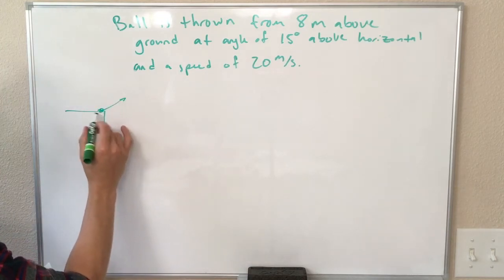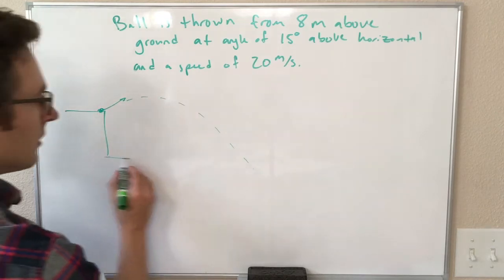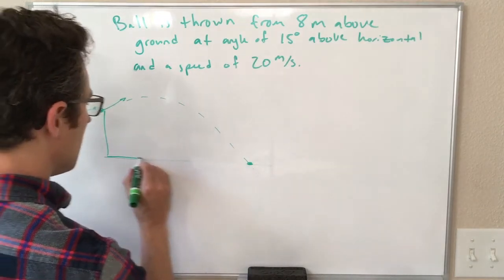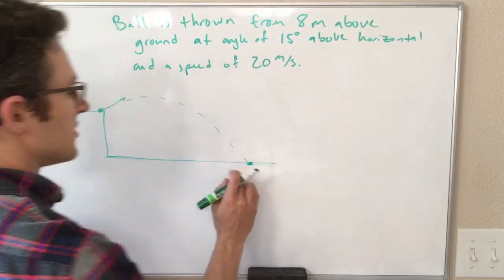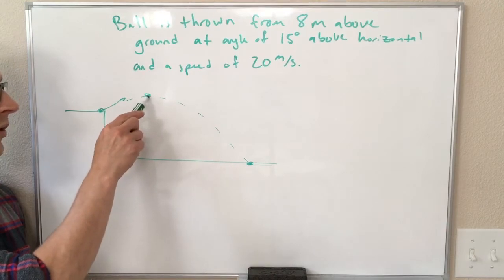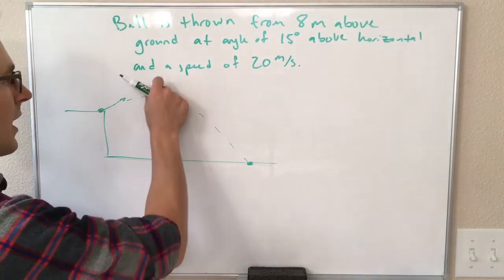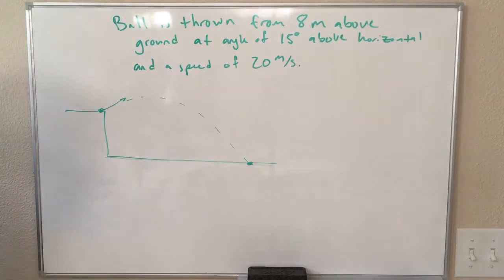I'm still starting at this 8 meters height, moving at this velocity, but now my final location is this point down here. So what that means is what we just found in the last problem, what's going on at that point, is not really going to help us at all. So we're going to have to pretty much ignore our results from part A.